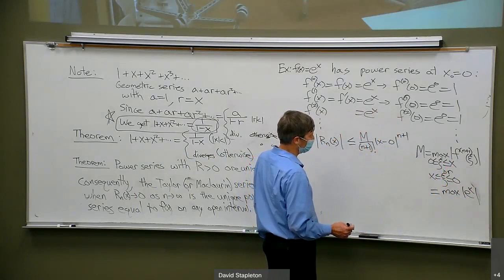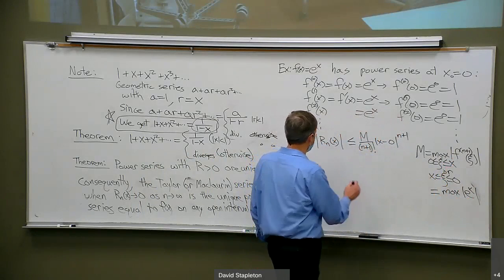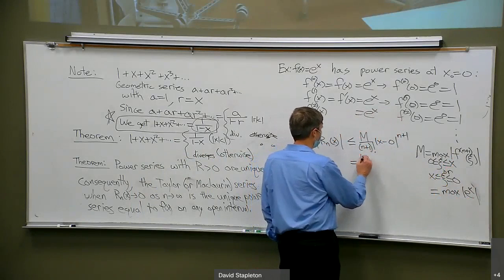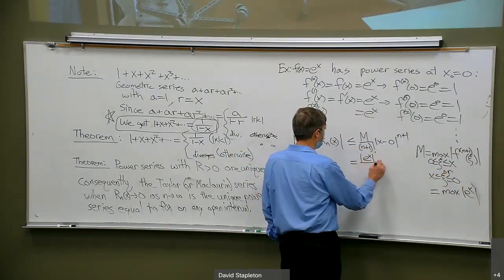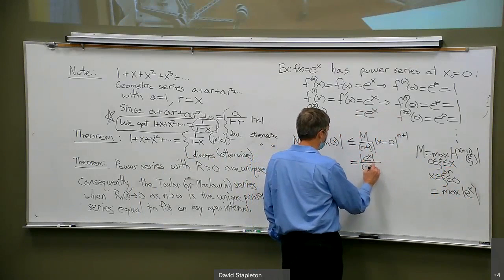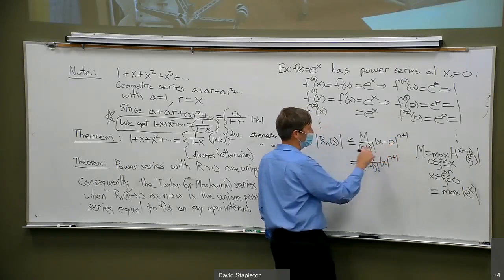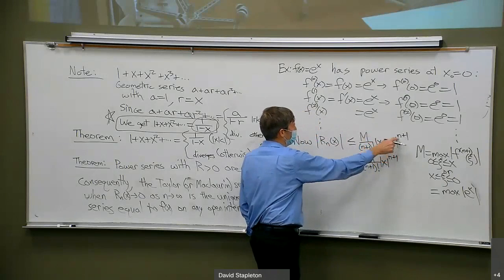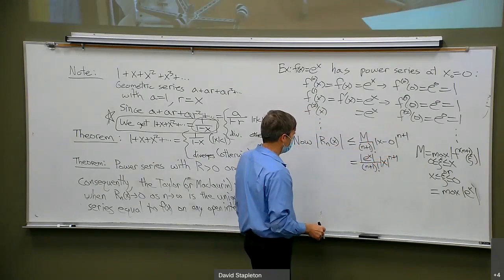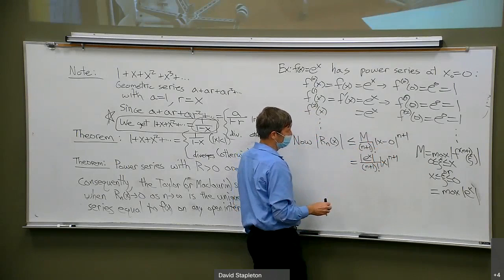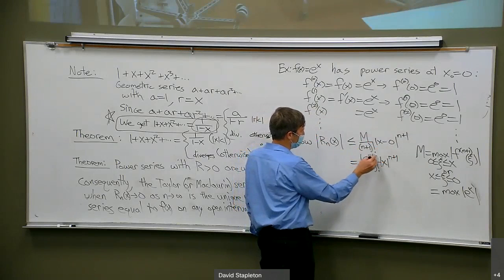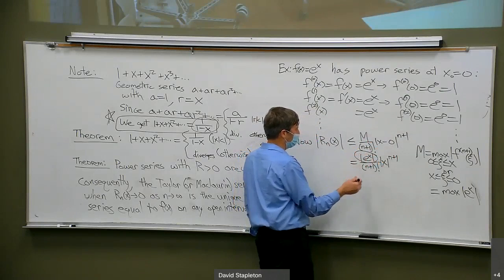And it's a finite number, right? For a fixed x, it's a finite number. So the remainder is absolute value of e to the x, whatever number that is, over n plus 1 factorial times absolute value of x to the n plus 1. I can drop the 0. I just put that in there to remind you of the remainder theorem. It's x minus x naught for the n plus 1 in general. But our series is at x naught equals 0.